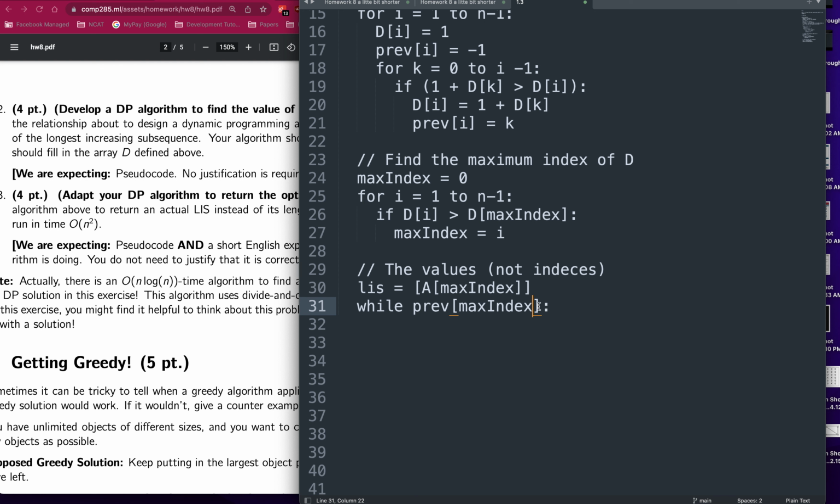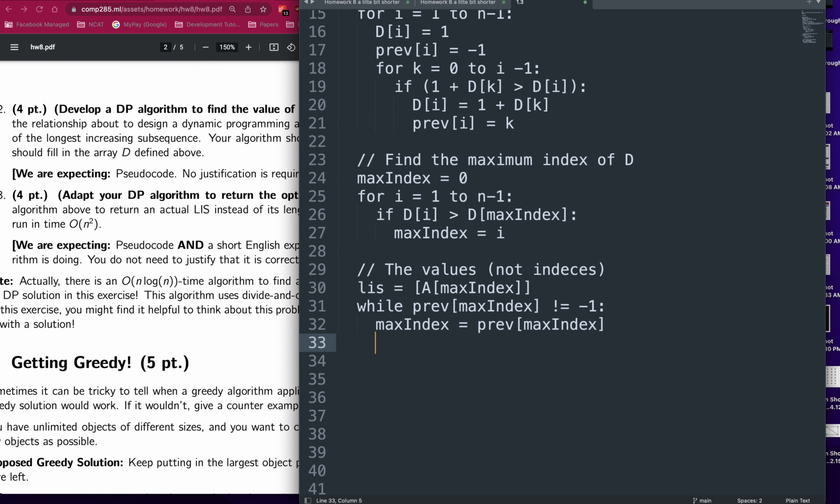And while this is not -1, so while we still have a previous thing, then max index is going to be pref of max index. We're going to go to the index where we came from, to the k that brought us here, right? So in this for loop, we're going to go back to the k that brought us here, and we're going to say, oh, you are the next element in our longest increasing subsequence, right?